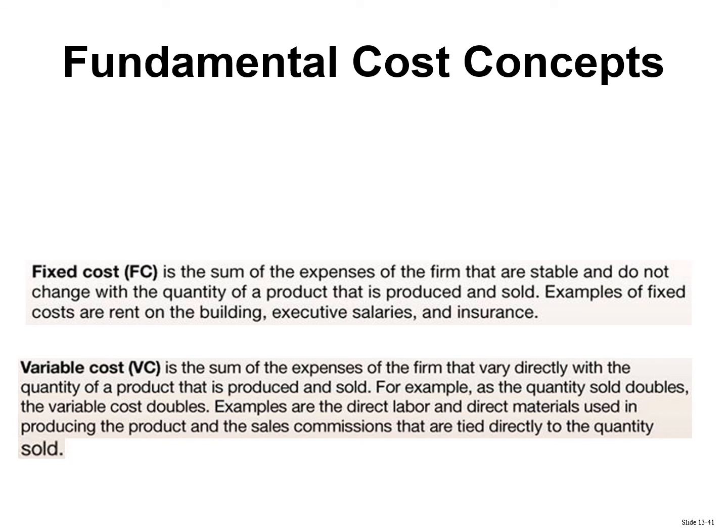Variable cost is the sum of the expenses of the firm that vary directly with the quantity of a product that is produced and sold. For example, as the quantity sold doubles, the variable cost also is going to double. So if we talk about now direct labor or the material used, so we're talking about raw materials.